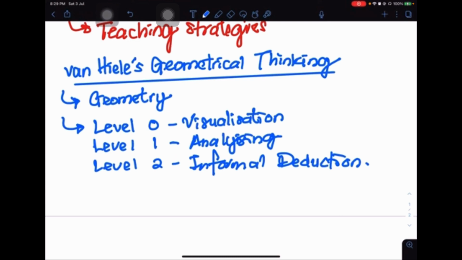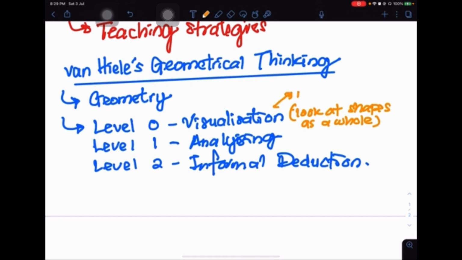So you should know at each level what is actually happening in the students' minds, or how they process at each level. At level 0, visualization is when students look at shapes as a whole.